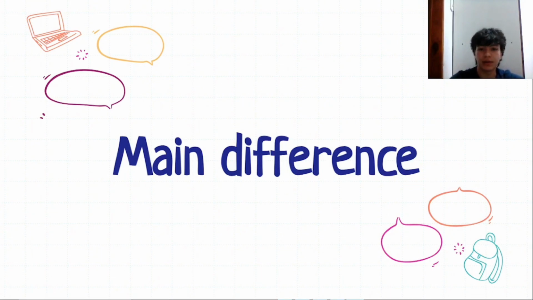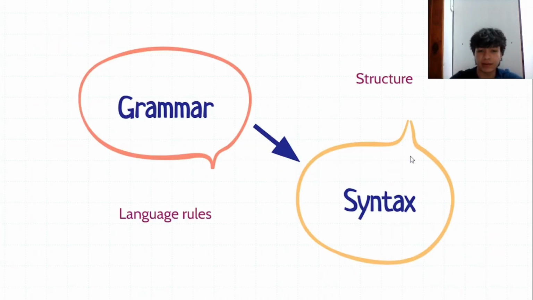Now we have the main difference between grammar and syntax. Grammar is the entire system of a language's rules, while syntax is just one part of grammar that focuses only on sentence structure. So, all syntax is grammar, but not all grammar is syntax.